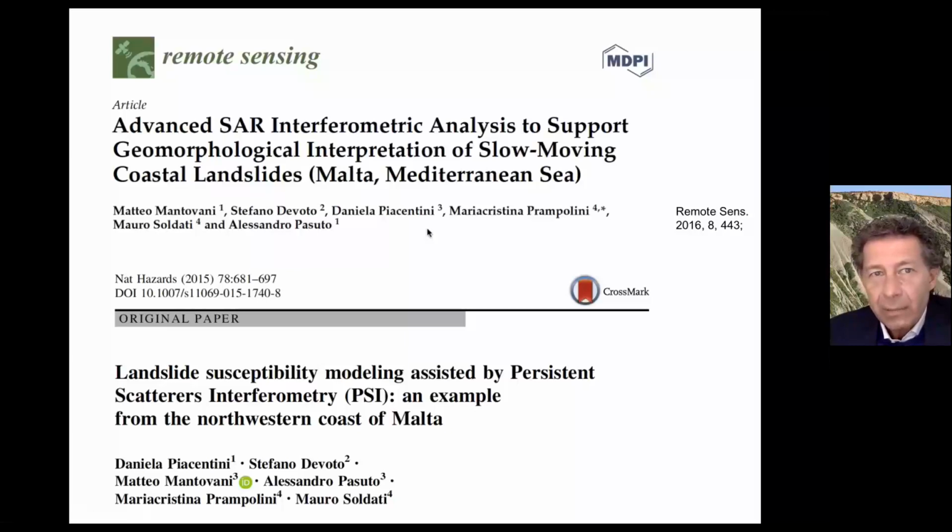We published some papers regarding these interferometric analyses, and also how we used the interferometric analysis to reach a landslide susceptibility modeling of these processes.